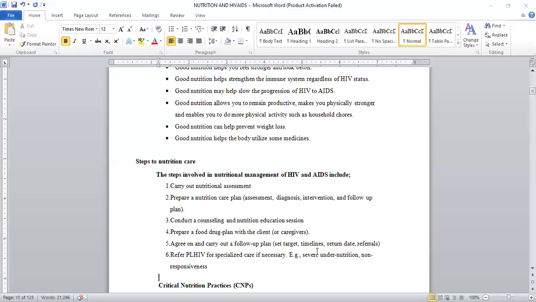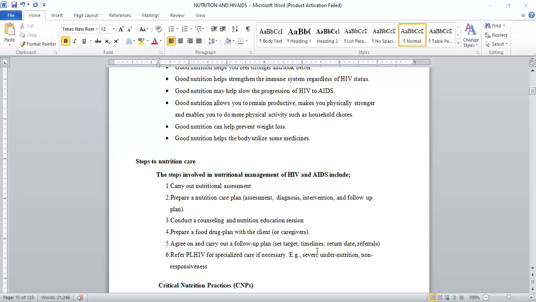You need to agree with your client when they will come, such that they'll be able to follow that timeline. And also they need to come for a definite reason, for example, maybe to pick supplements if they are malnourished and so on. Not just to come, since they also have other things they're supposed to be doing and to take care of their family.